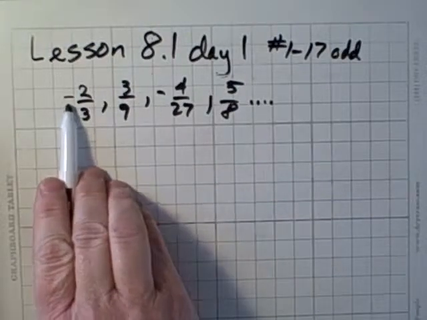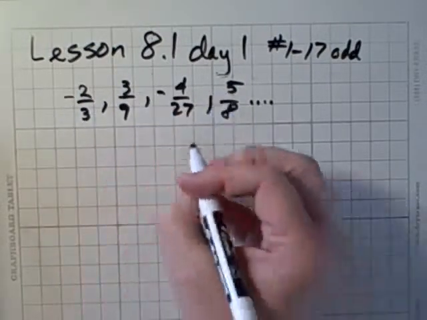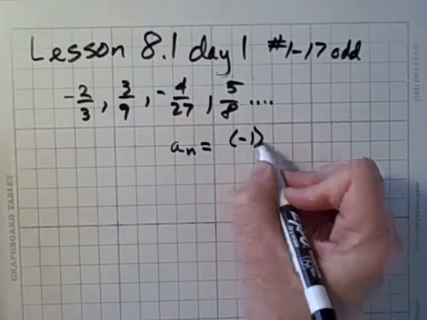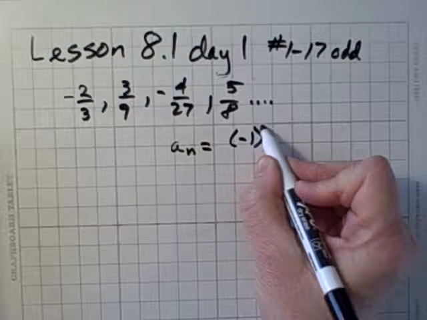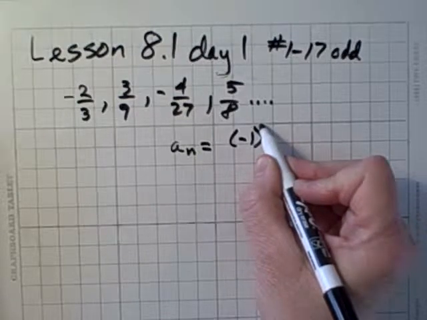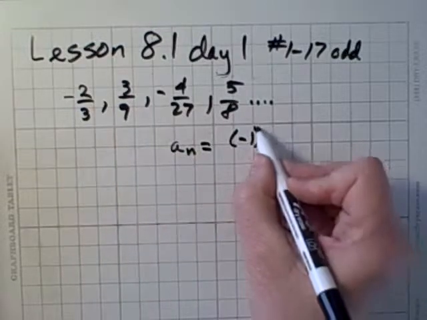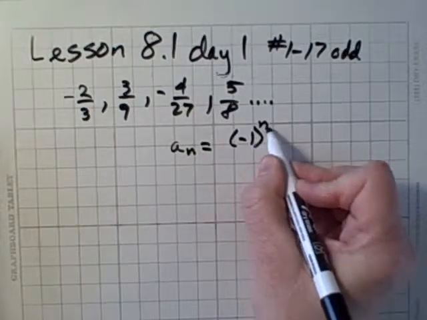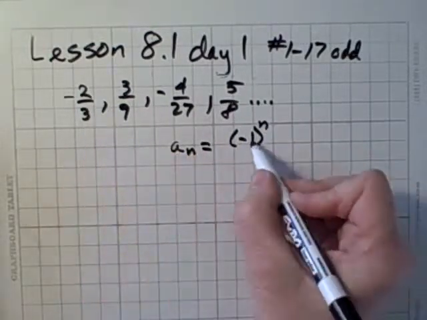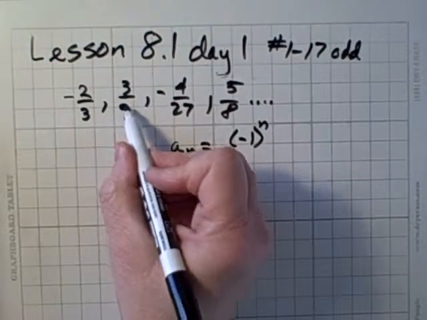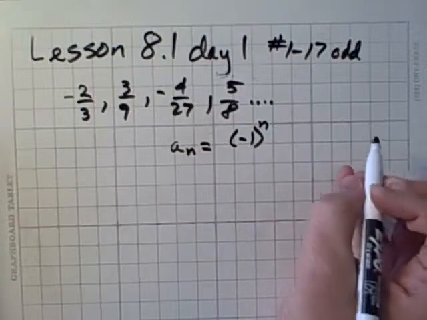We do note that it alternates in sign, and to get a pattern to do that, we take negative 1 to a power. We just have to decide if it's the nth power or nth plus 1 power. Again, if we consider n to be 1, then it would be negative, and when n is 2, it would be positive, and it does appear as if negative 1 to the n would be correct.